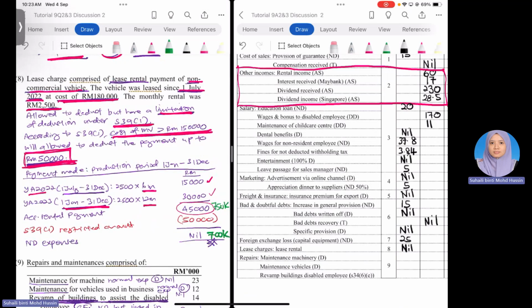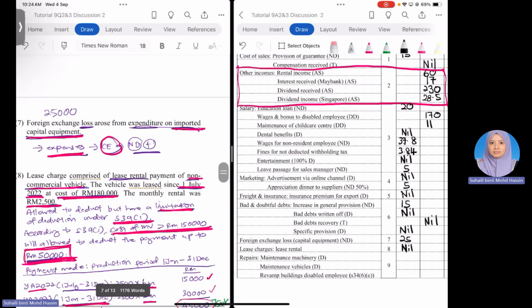Okay, so that's number 8. Now we go for number 9.